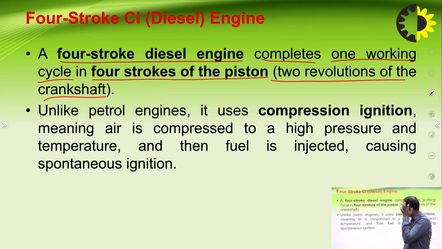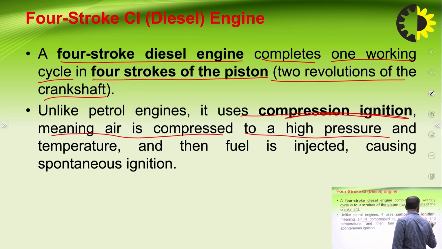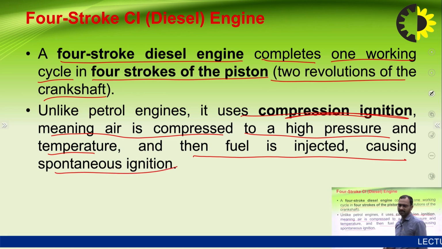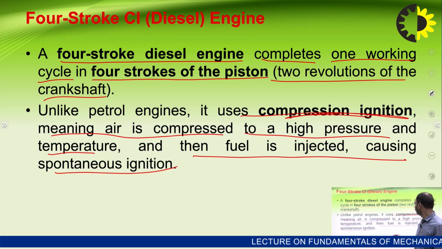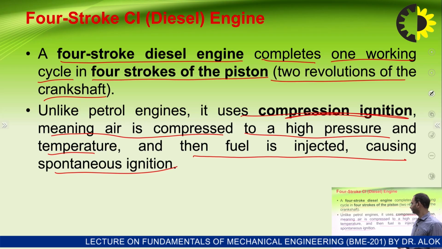Unlike petrol engines, it uses compression ignition, meaning air is compressed to a high pressure and temperature, and then fuel is injected, causing spontaneous ignition. So here ignition and combustion take place due to the high pressure and temperature of the compressed air.